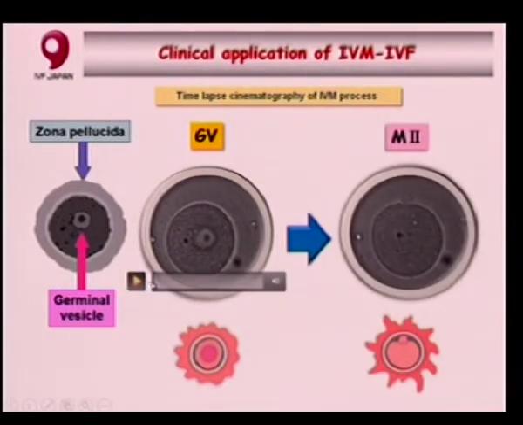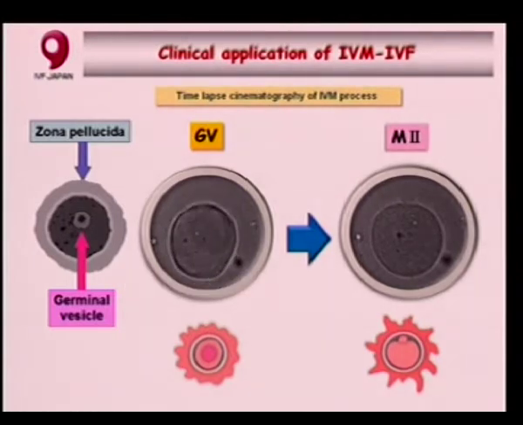You can see the process of maturation. It sounds like a still process, but it is very active. This is maturing, and then it will extrude the first polar body. See, this is not so simple. This is very active.